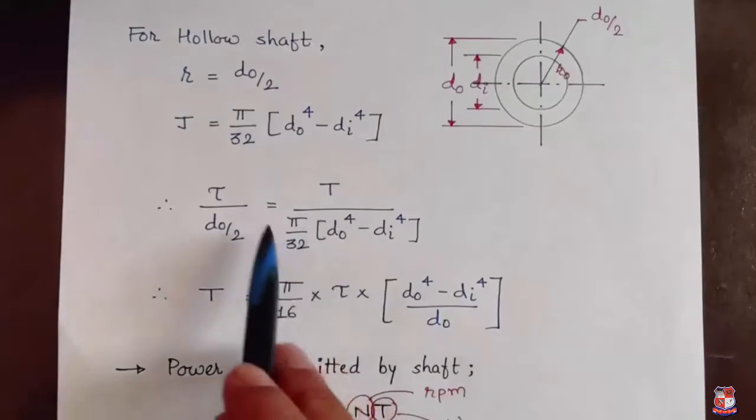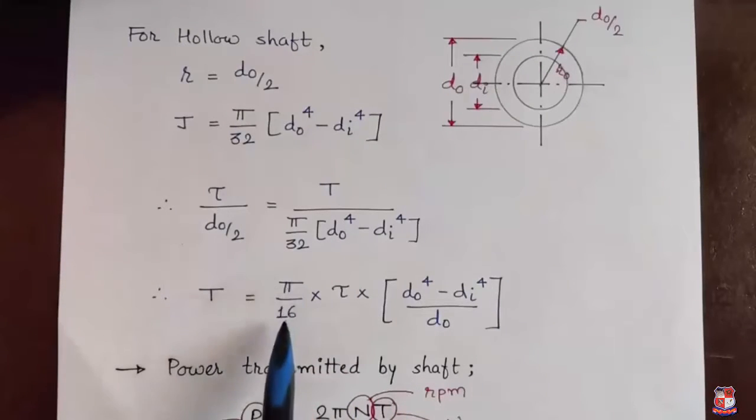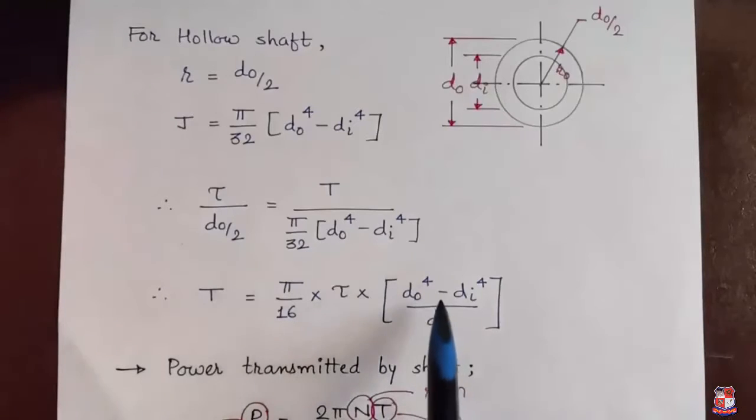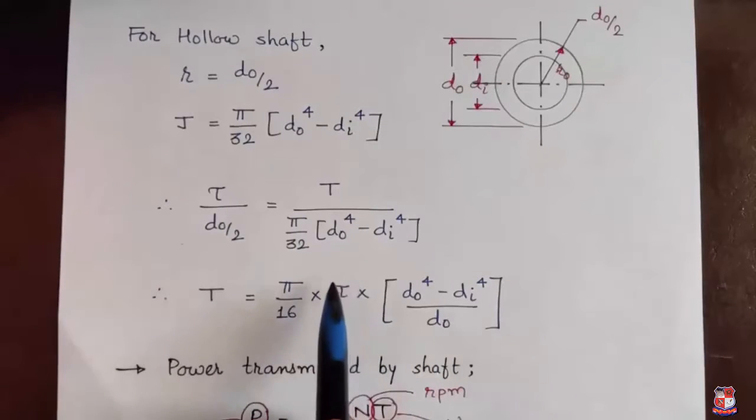By simplifying this equation, we will get capital T is equal to pi by 16 into tau into bracket dO raised to 4 minus di raised to 4, divided by dO. Here capital T is the torque and tau is permissible shear stress.